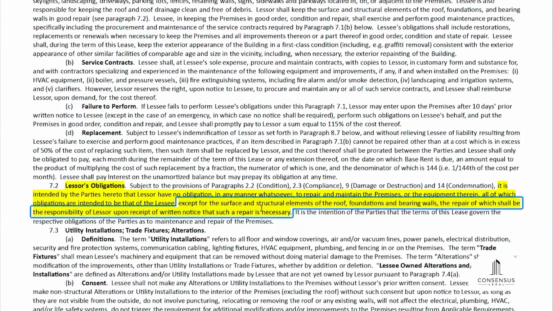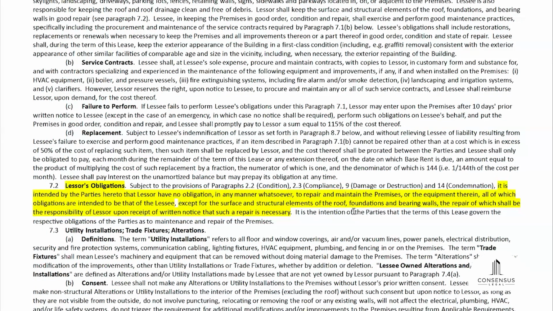And what's the exception? The exception is the surface and structural elements of the roof. That's the first exception. So it's not just the structure of the roof, it's the surface. So that would be the roof membrane. So the roof is lessor's responsibility in the gross lease. But then it goes on to describe foundations and bearing walls are also an exception.